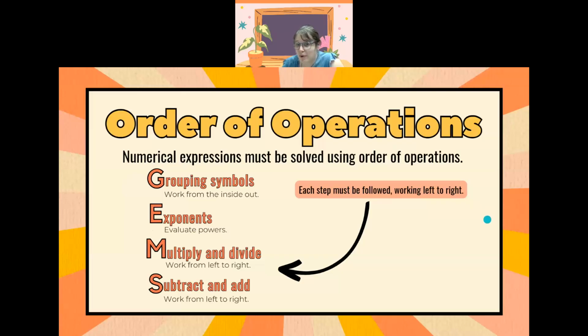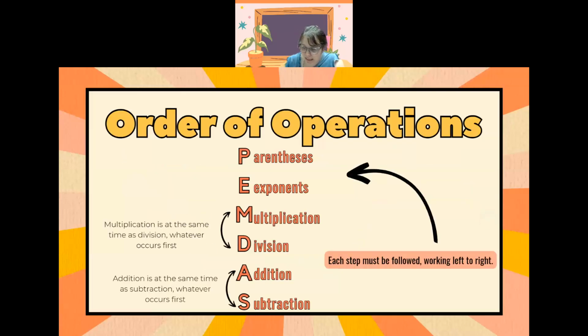Another one that you might hear is PEMDAS. That would be parentheses, exponents, multiplication, division, addition, and subtraction. The only reason I also showed you GEMS is because it's not always parentheses. There might be brackets or braces, and multiplication and division are actually happening at the same time.